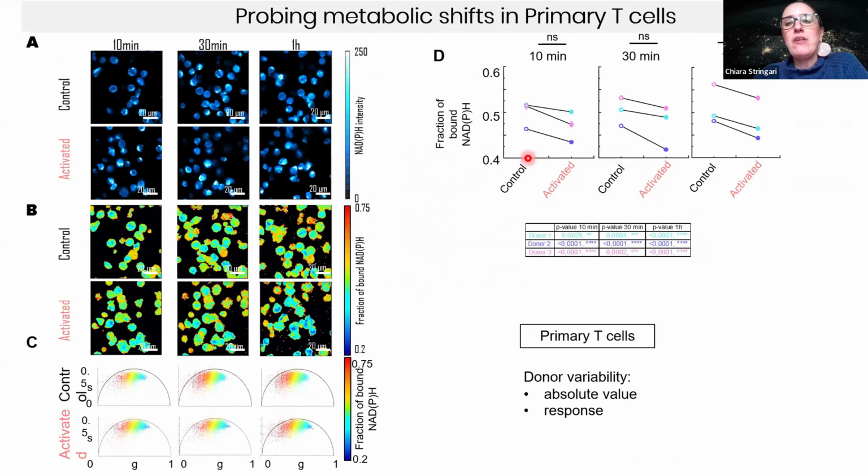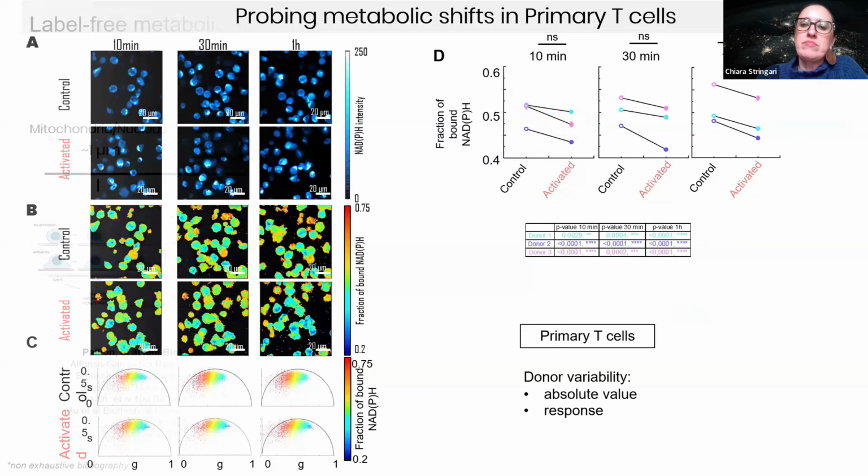We proved this also in primary cells. I just want to point out that in primary cells, we also have a glycolytic shift in the T cells. Although we have more variability, this shift is present very clearly.